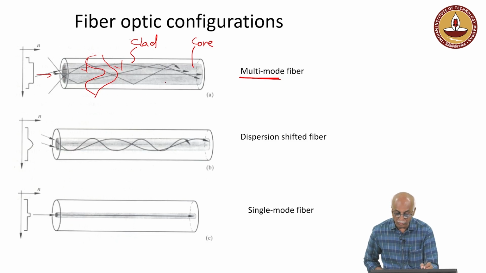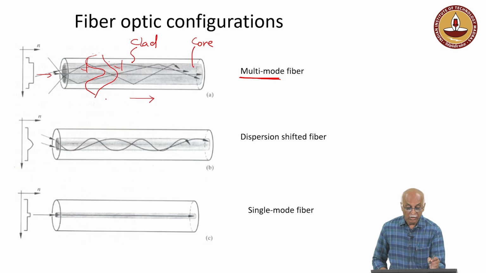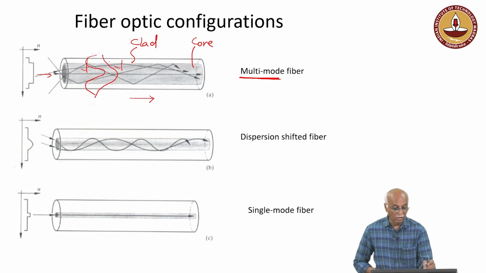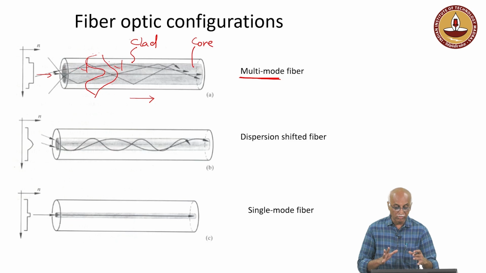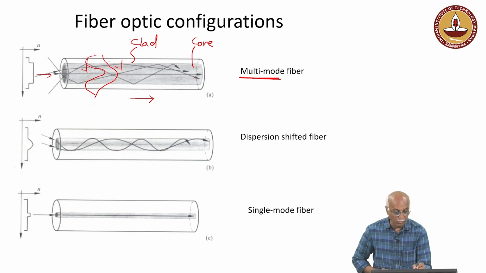When they are propagating through the medium, because of their interaction with the core as well as the clad as well as the interface region, these intensity profiles are generated. And all these modes have slightly different characteristics in terms of their propagation through the optical fiber.